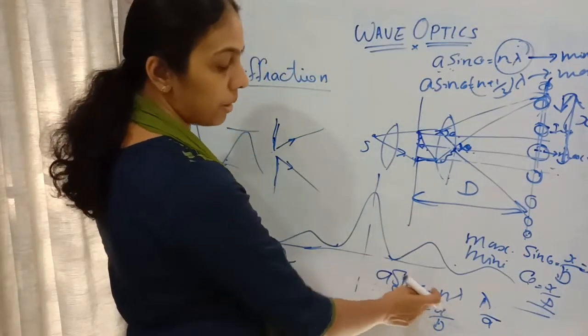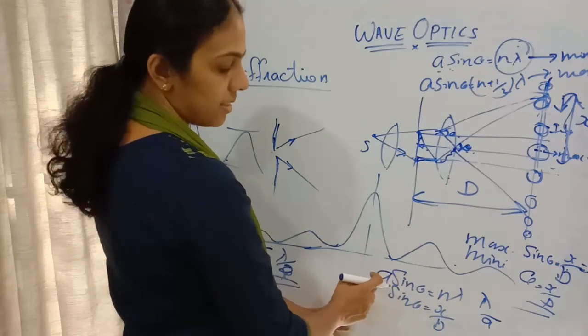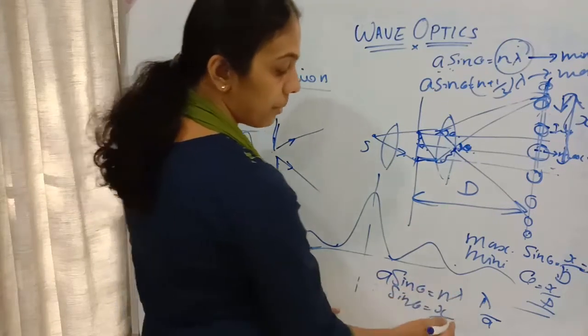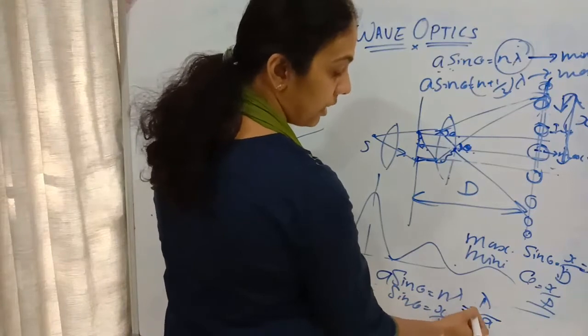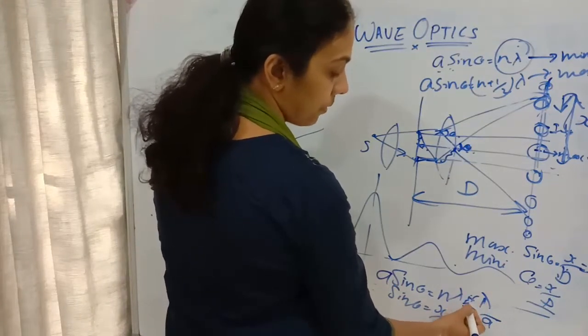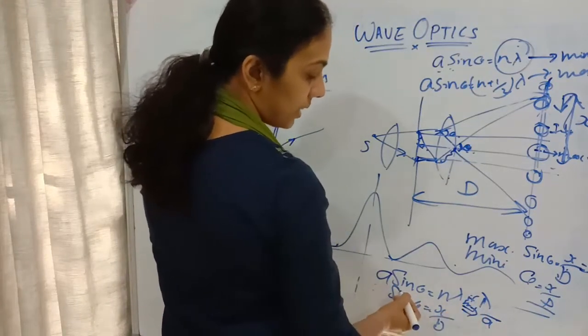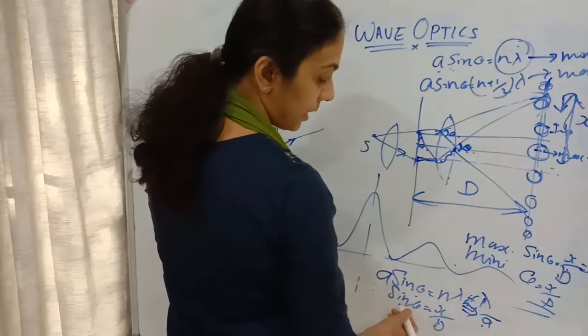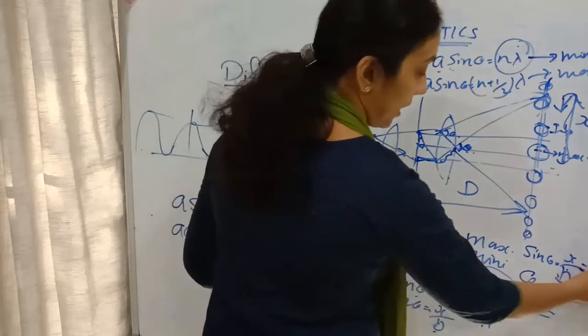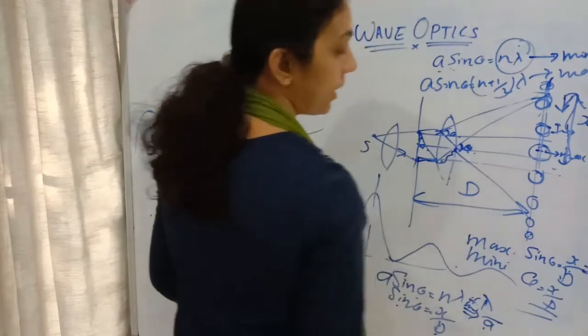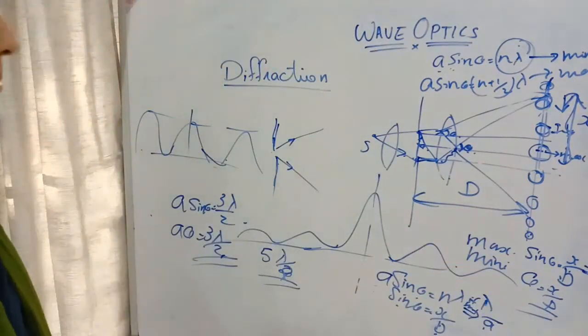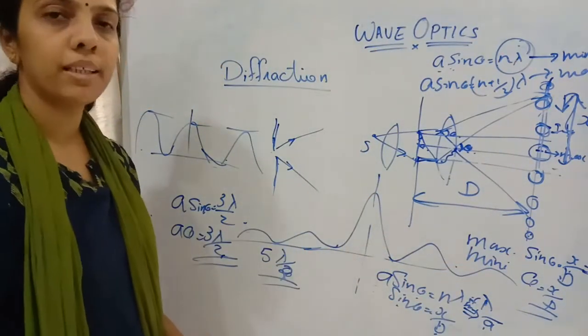For the first minima, n equals 1, sin theta equals lambda by a, and sin theta equals x by D. So we can substitute, x by D equals lambda by a.